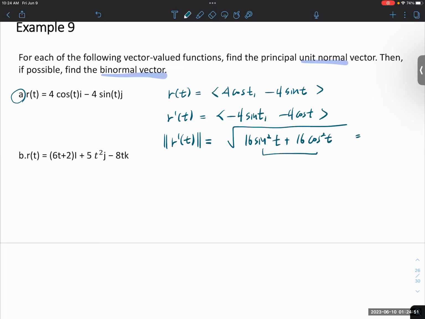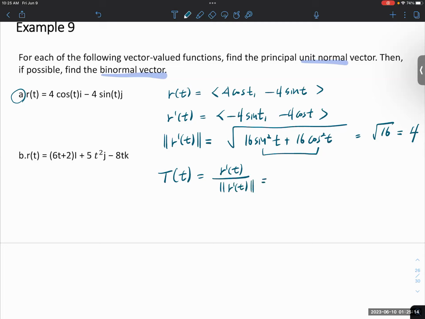So these are going to be 1 inside the radical, because you are going to combine them, right? 16 times 1 is going to be 16, so we have 4. So that's the R prime magnitude. Therefore, the unit tangent vector is R prime divided by its magnitude.